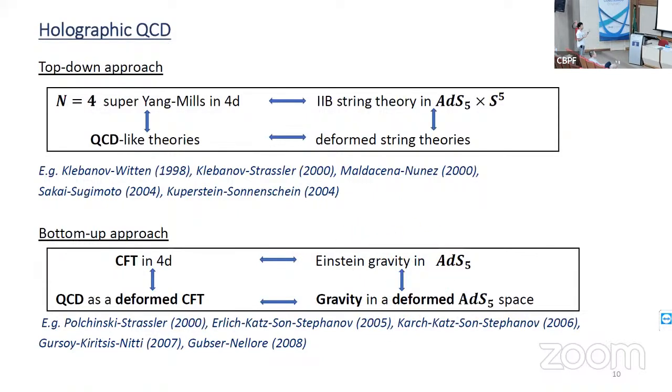And then you just ask the question, what happens if I deform the conformal field theory by a particular set of operators? What if I turn on some relevant operators that should break conformal symmetry, and then you ask, how can I describe this breaking of conformal symmetry? And the idea is that those operators are motivated by QCD.